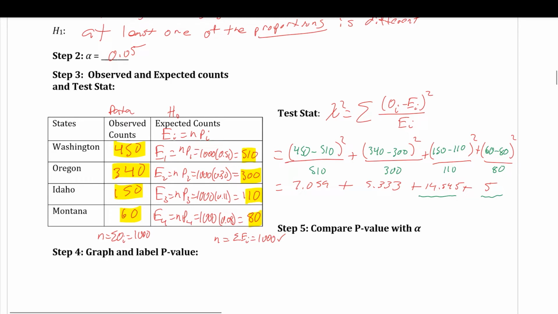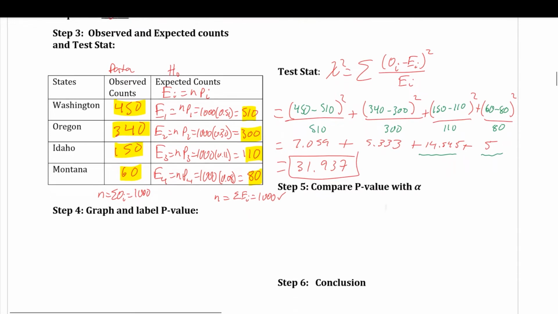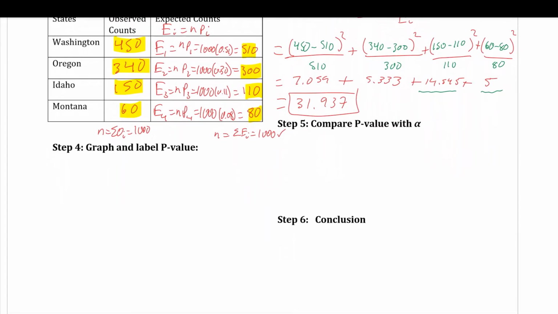Okay, let's add them all up now. This test stat comes out to be 31.937. Okay, that's our test stat. We're going to go ahead and draw this picture. All right, so it's a chi-square distribution. It starts at 0 and goes off all the way to infinity.